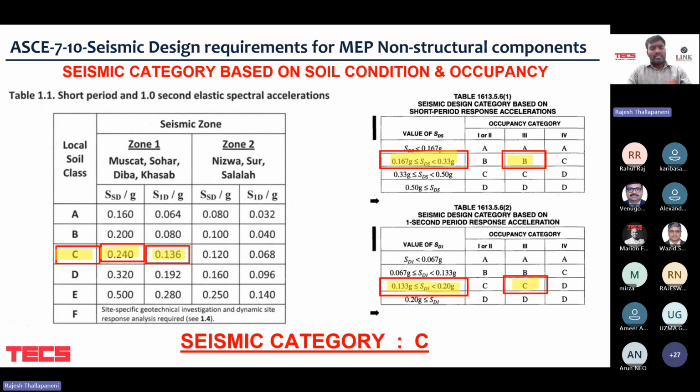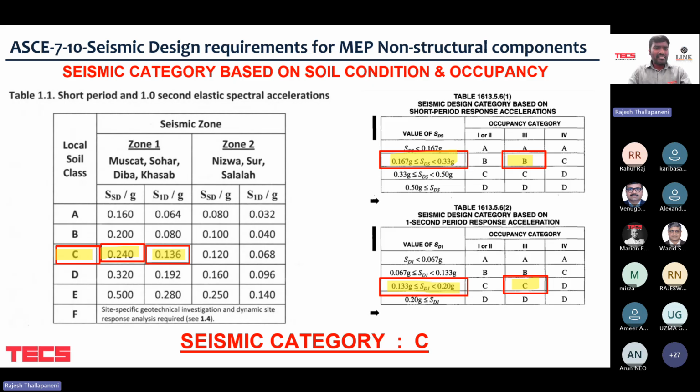Now moving forward, the first three inputs we discussed are the zone, the soil classification or soil condition, and the type of building or the occupancy category of the building. With these three, we will derive the seismic category of this particular building, meaning which category the building falls under.